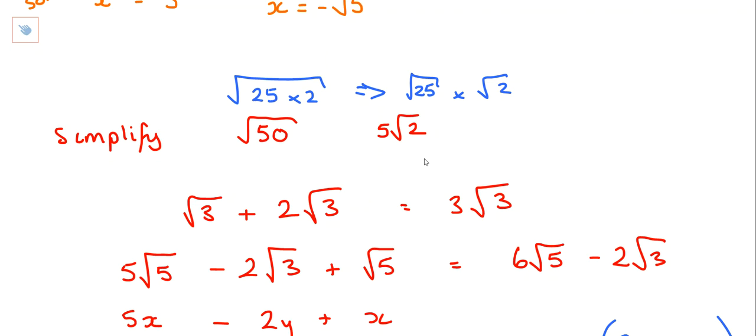But then it must be plus or minus 5, right? Think about this: you would say plus or minus root 25, but then isn't this plus or minus root 2?